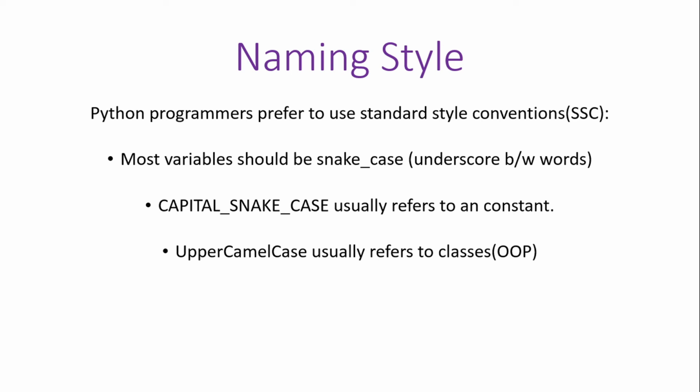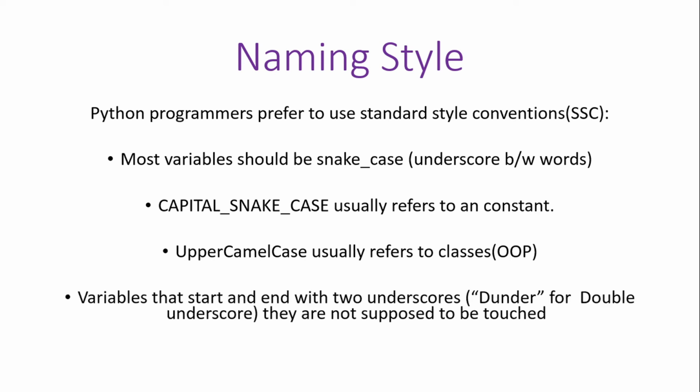Like when you define a class, don't worry, you will be studying everything in this slowly. So what it means is you have each starting letter capital, like the U in upper is capital, camel, and the C in case is capital. And variables that start and end with two underscores, which are usually referred to as dunder, double underscore, D of double and under of underscore. They're not supposed to be touched. Like, just don't touch me.